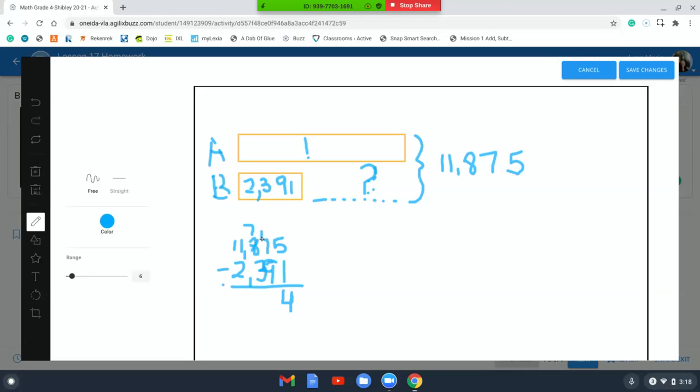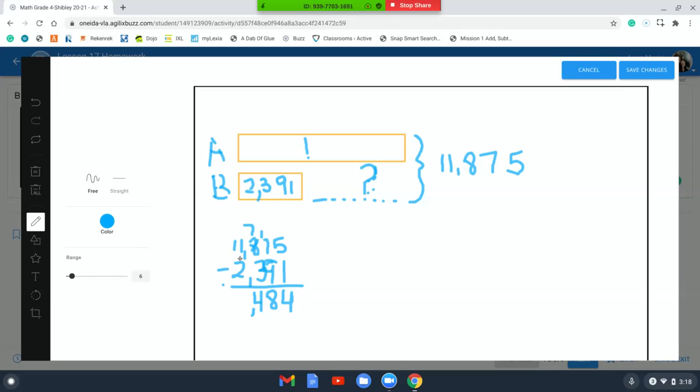So now I have 17 minus 9 equals 8. Okay, I can take 3 away from 7, and that would be 4. Now I'm going to put my comma because I know that I have my group of 3 place values.